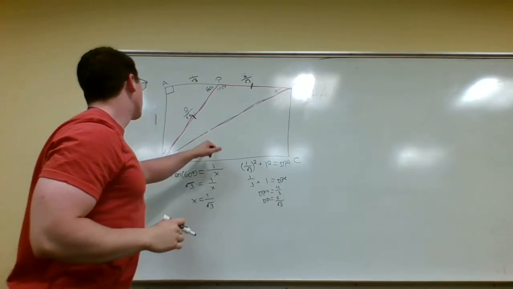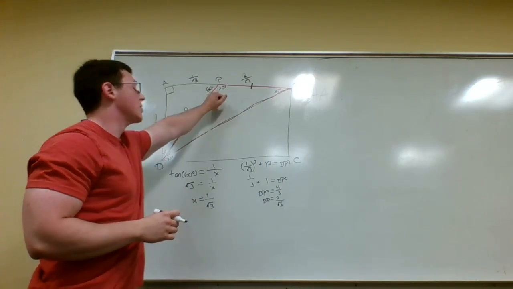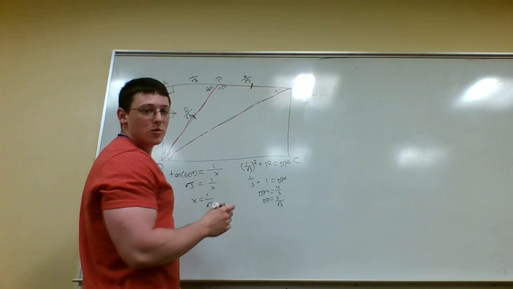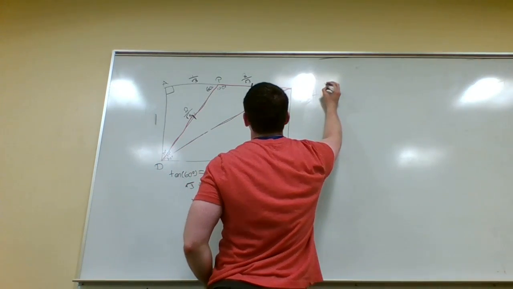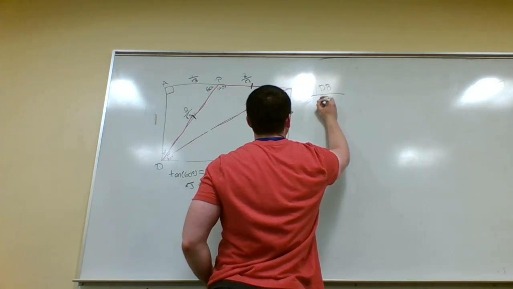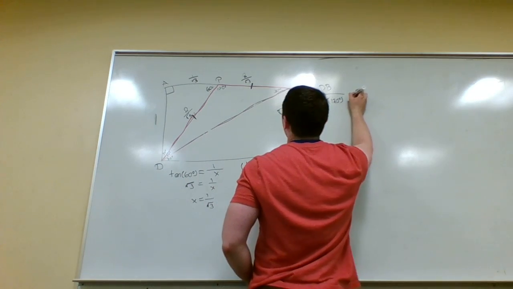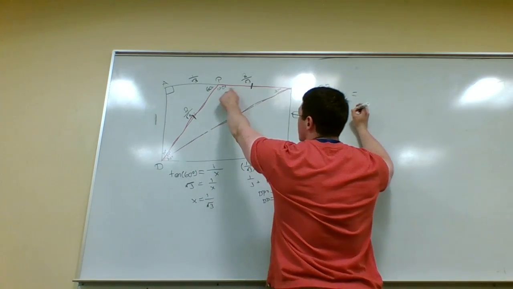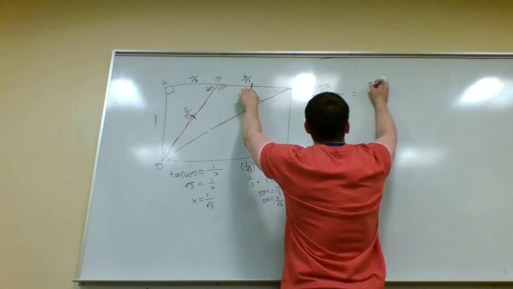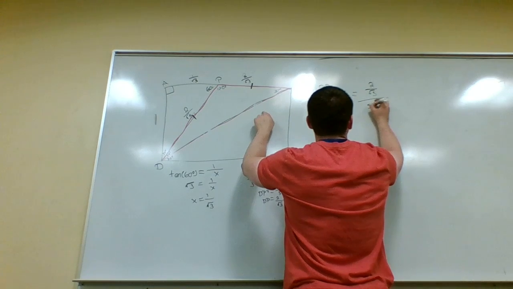And again, to solve for this last side, there are a number of ways you can do it. I'm going to use the sine rule, because 120 degrees is a reference angle we know, as are the 30 degree angles. So you can say that DB divided by the sine of 120 degrees is equal to, right, so this angle over this side is equal to 2 over the square root of 3 divided by the sine of 30 degrees.